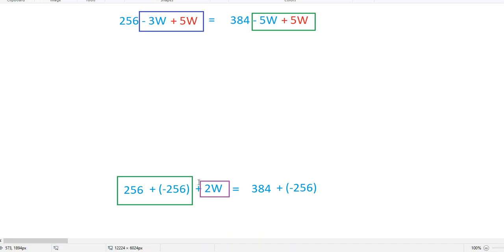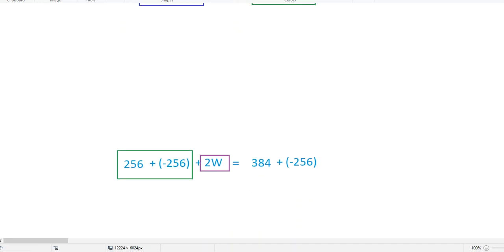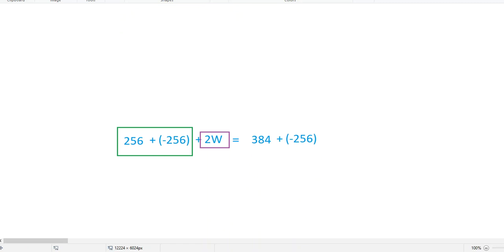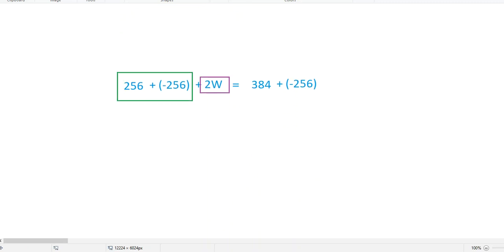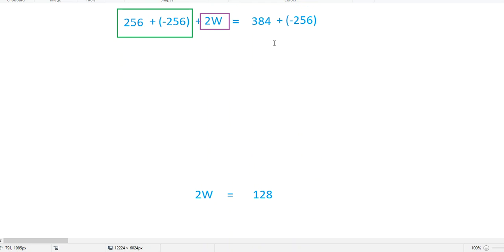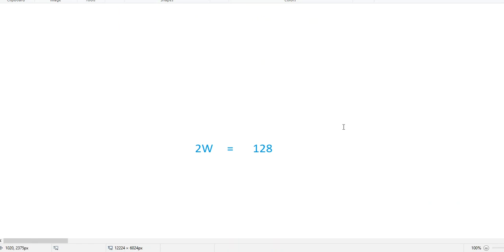We do it in such a way that this is the zero pair in the algebra tiles, and suddenly there's no longer a constant term on the left-hand side. It takes a little bit: 384 minus 256. We're left with 128. So 2W equals 128.